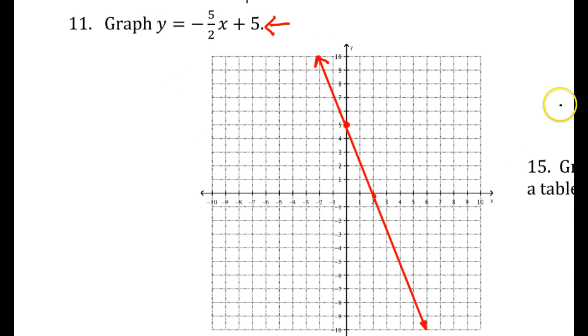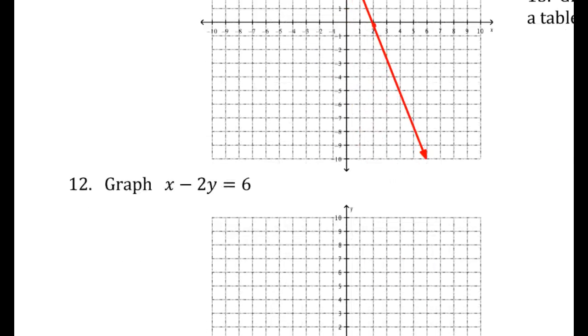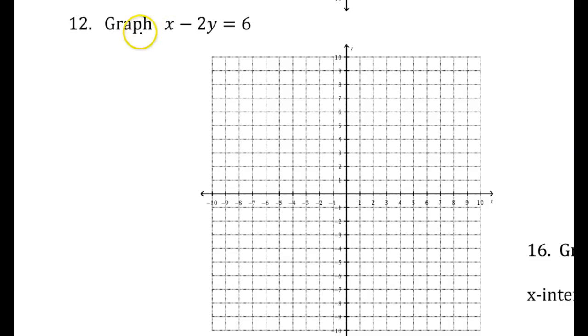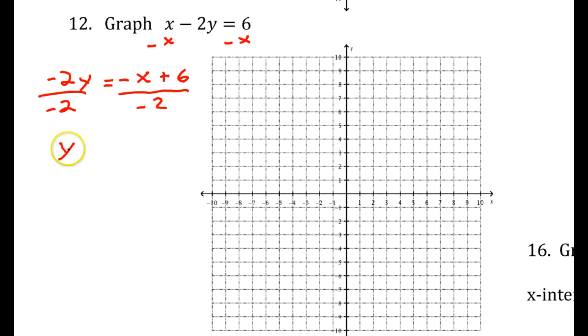Then, this one's not solved. Go ahead and solve it. Subtract x on both sides. We have negative 2 equals negative x plus 6. And divide both sides by negative 2. Y equals positive 1/2, negative 1 over negative 2, positive 1 over 2.